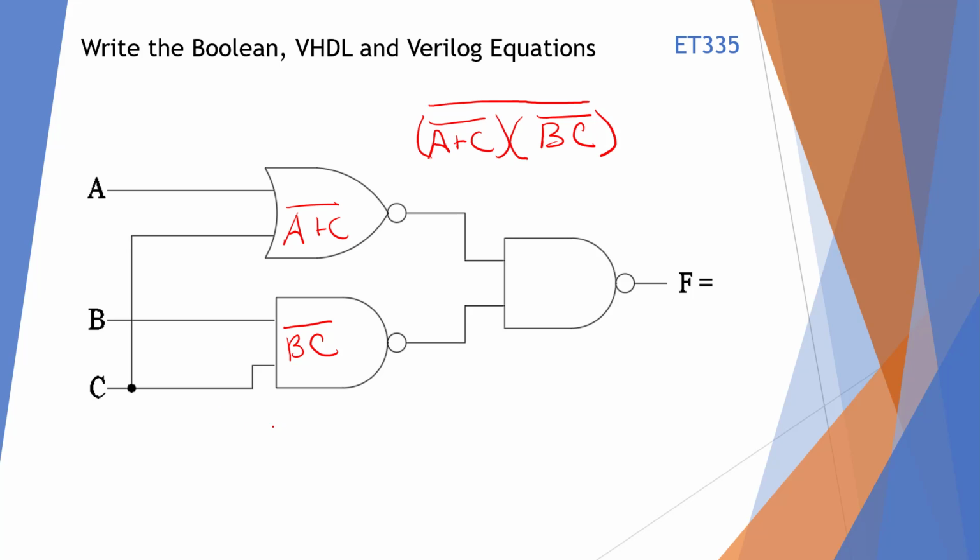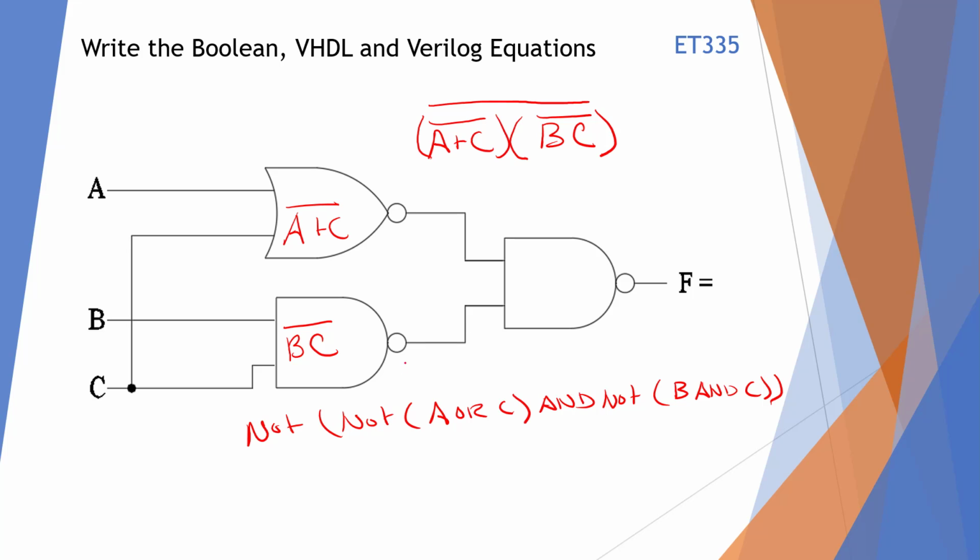And let's go ahead and do our VHDL. So we're going to have a not A or C, and not B and C, two parentheses.